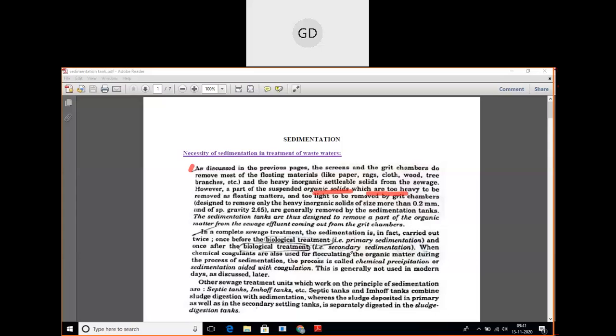So you see, the sedimentation tanks are thus designed to remove a part of the organic matter from the sewage effluent coming out from the grit chamber. That day I showed you one video. You have seen there that the wastewater first goes through the screening, then after screening it goes to the grit chambers. After grit chambers, it moves to the sedimentation tank.